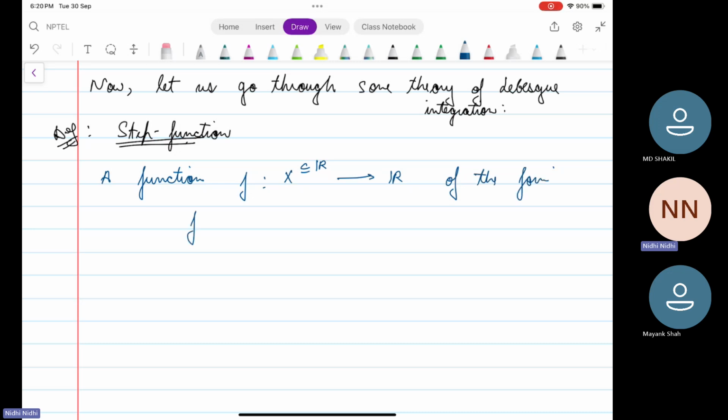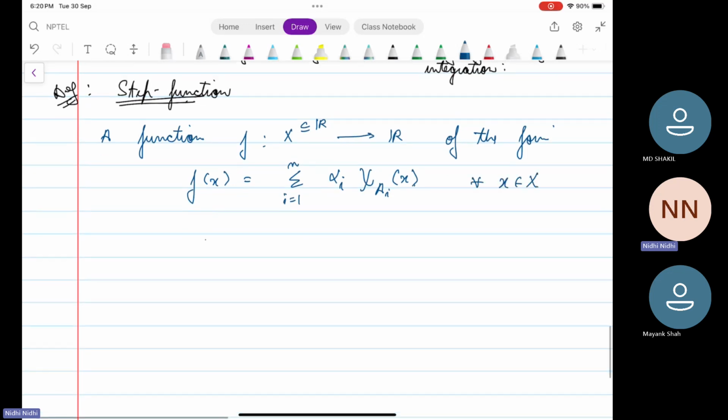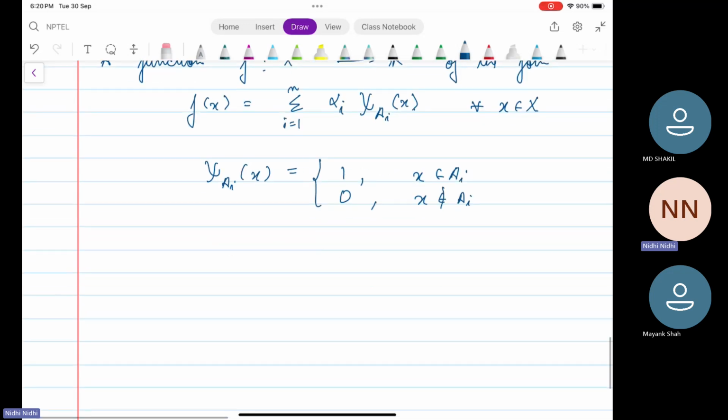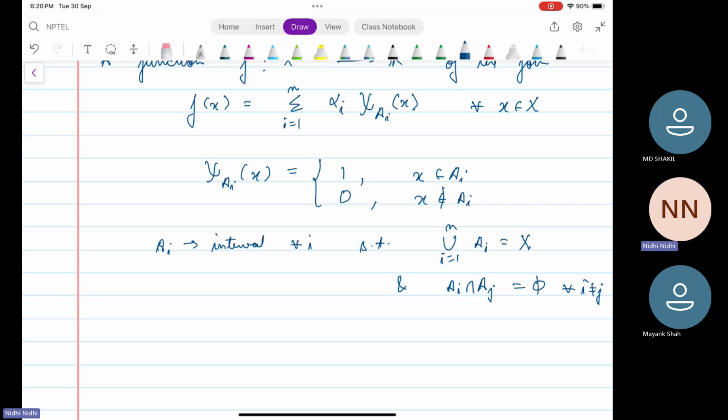Then we can write it as f(x) equals the summation i from 1 to n of a fixed alpha_i times the characteristic function of A_i at x, where the characteristic function of A_i at x is equal to 1 for x belonging to A_i, and 0 for x not belonging to A_i, where each A_i is an interval such that the union over i from 1 to n of A_i is equal to X, and A_i intersection A_j is empty for every i not equal to j.